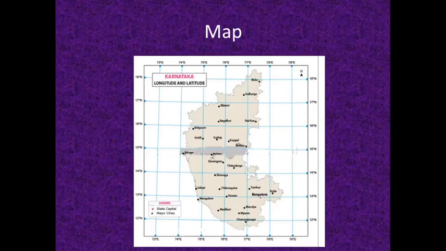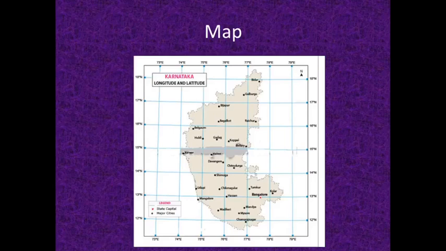Here you can see the map which is showing the longitudes and the latitudes. The scale on the borders is the scale from which we get the area of the state, that is Karnataka. You can see down the index, that is state capital and major cities.